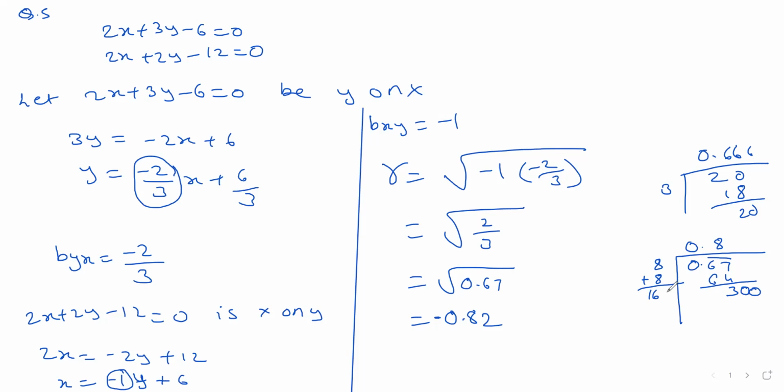What number should I put here so that it can be multiplied by the number here? It will be nearest. Just 0.8.